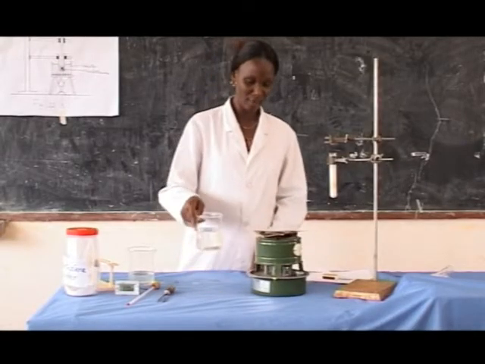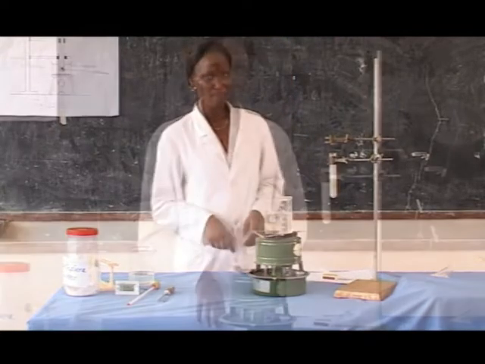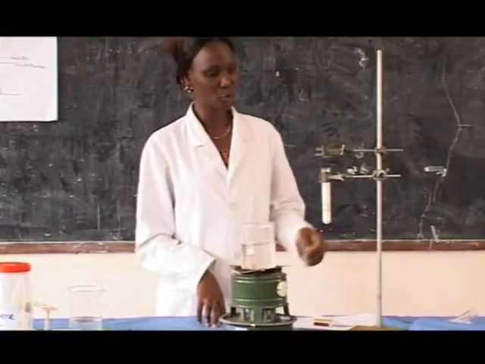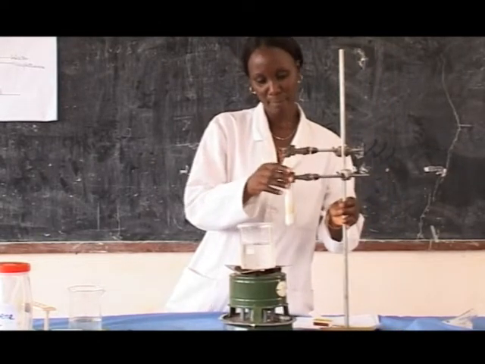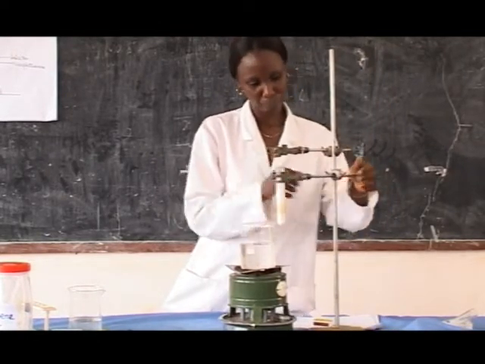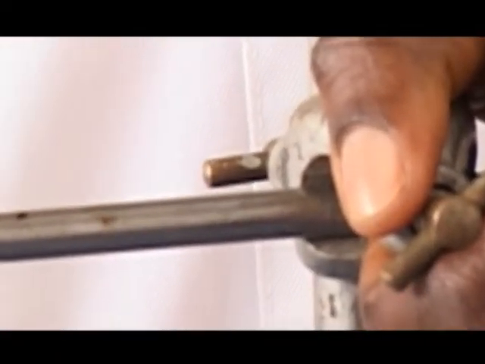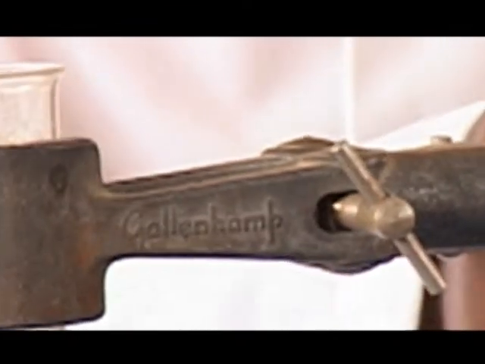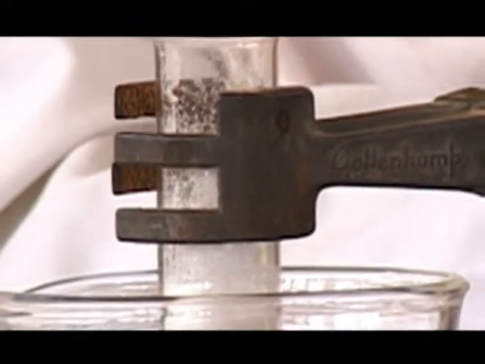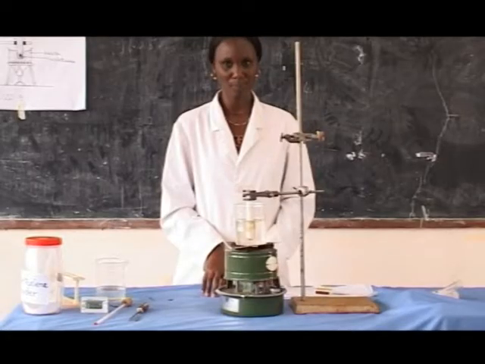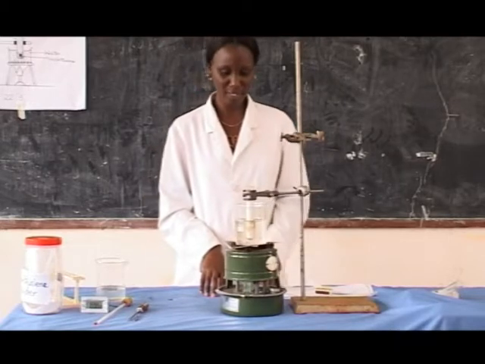Place the beaker on the source of heat. Lower the test tube filled with naphthalene into the beaker. Heat the beaker until the naphthalene just melts.